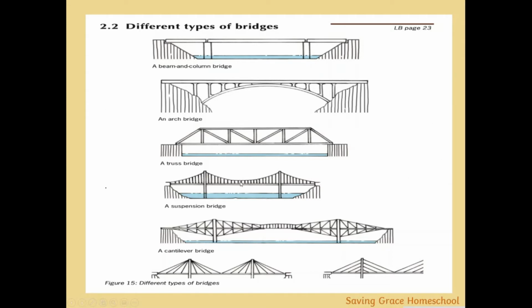If there's a heavy load in the middle and the loads are transferred into this main cable, and it tries to pull on here, that will be countered by the support on this side. So it's also a very strong bridge. A lot of the very large bridges work on this principle.